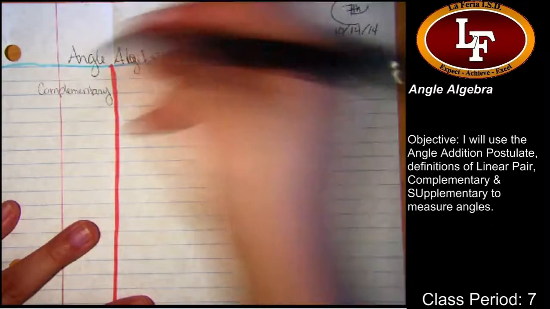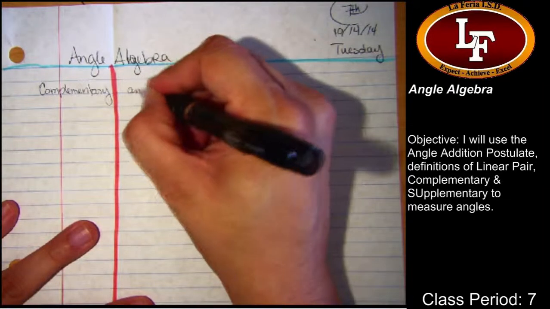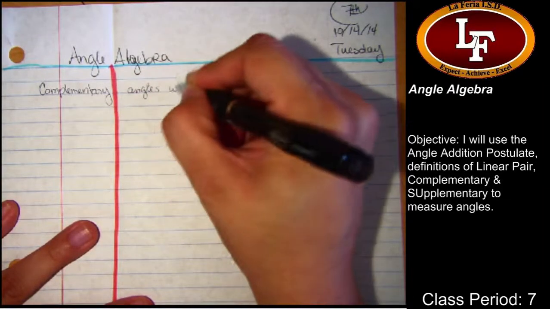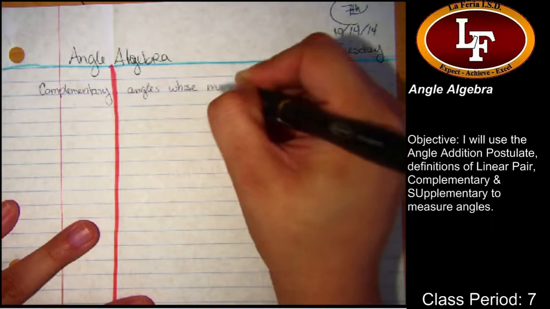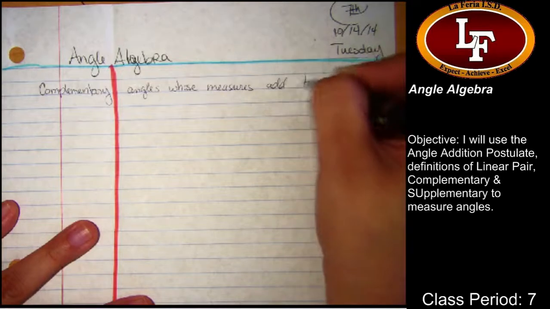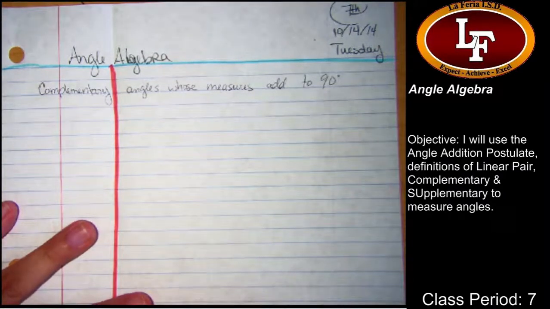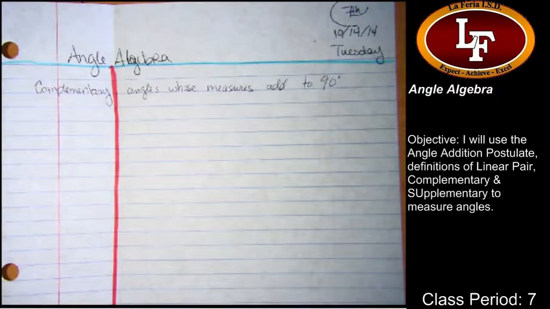So these are in reference to angles, and complementary angles are angles whose measures add to 90 degrees. Okay? They add up to 90 degrees. Just this top section, this bottom's going to change.